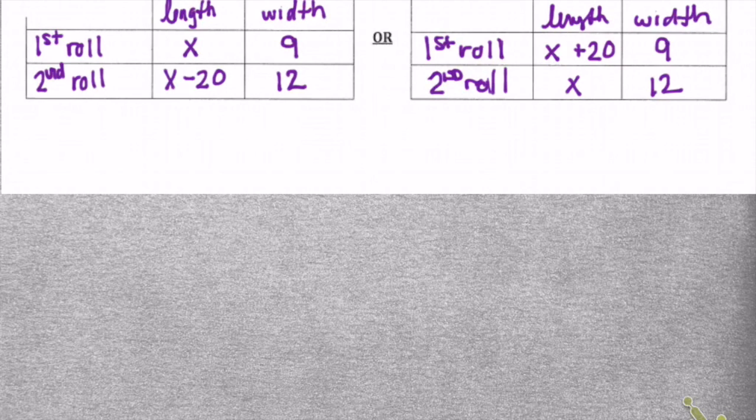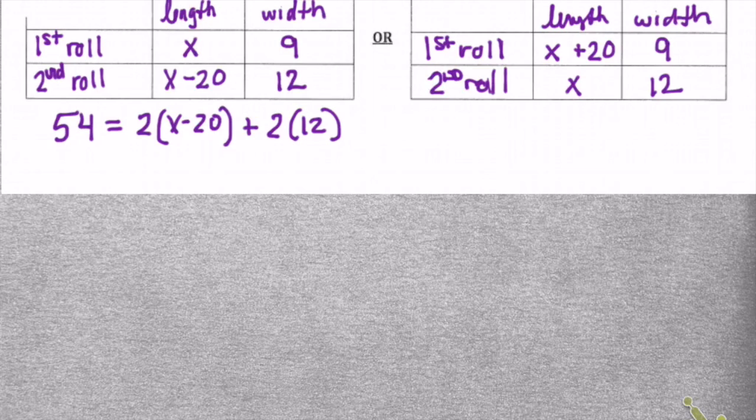So our equation comes from the fact that the second roll has a perimeter of 54 feet. So we're looking at a rectangular perimeter, and so we know that perimeter is 2 times the length and 2 times the width. So in this first scenario, we're looking at 2 times X minus 20, and we're going to add 2 times 12.